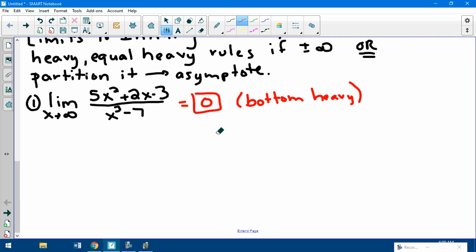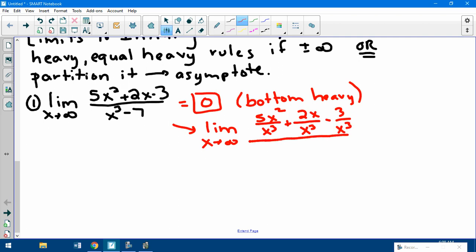Now remember, for some reason they wanted you to show all your work, which doesn't come up too much. But if it said to show your work, we would divide by the highest power of x. So this would be the limit as x goes to infinity of, you would divide everything by x cubed. So it'd be 5x squared over x cubed plus 2x over x cubed minus 3 over x cubed all over x cubed over x cubed minus 7 over x cubed.